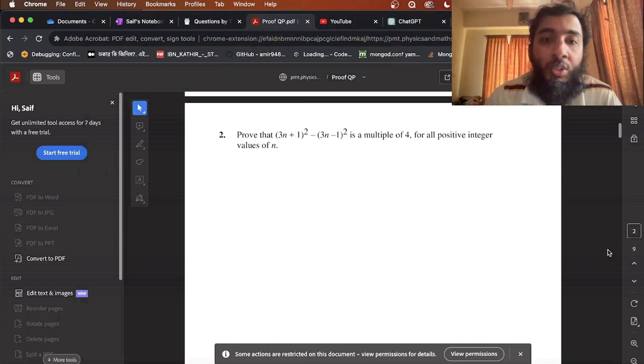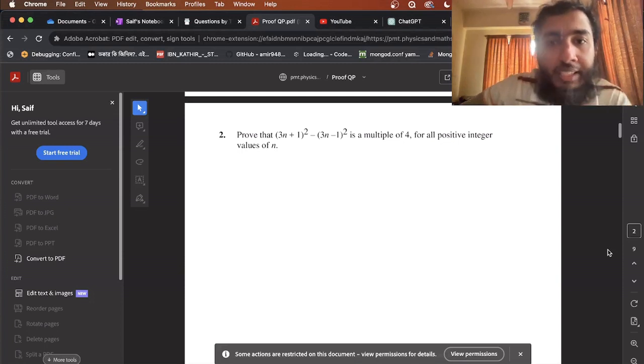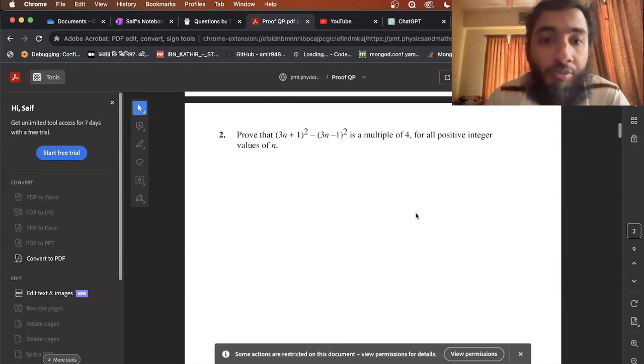Problem number 2 says prove that (3n plus 1) whole square minus (3n minus 1) whole square is a multiple of 4. So you have to show that this algebraic expression is a multiple of 4 for all positive integer values of n.